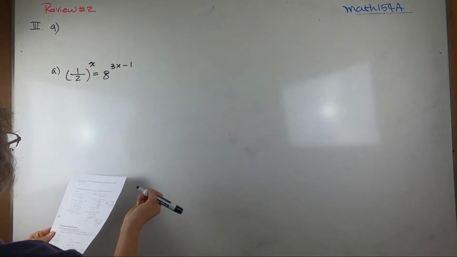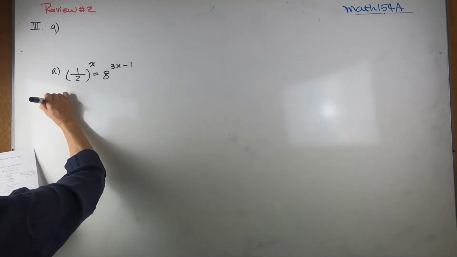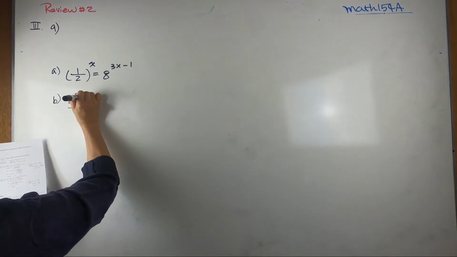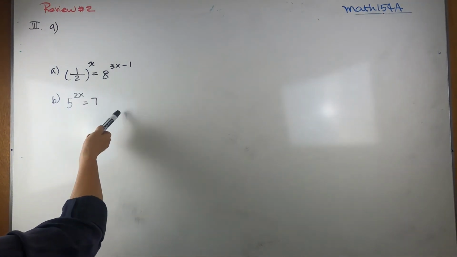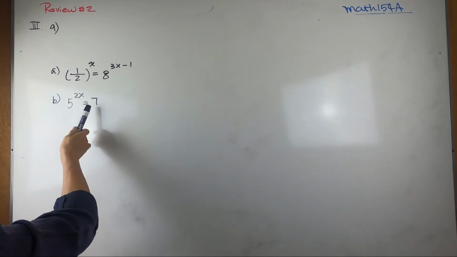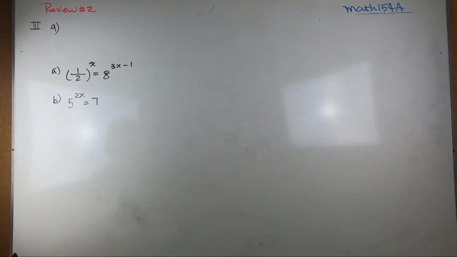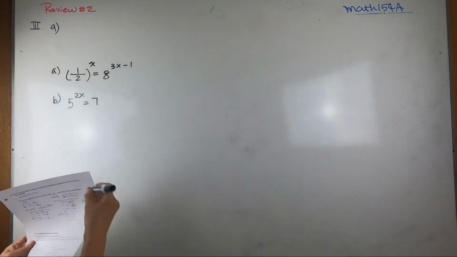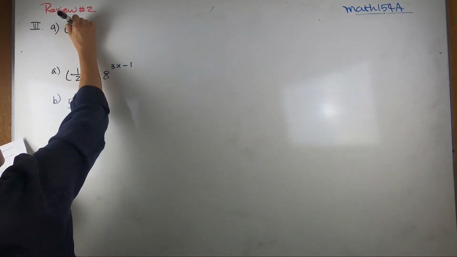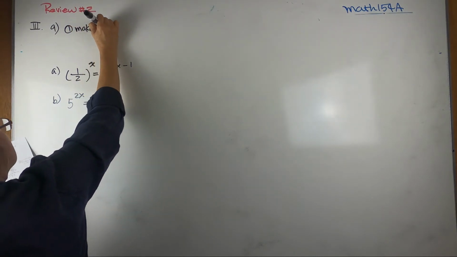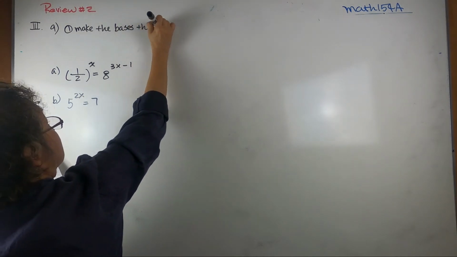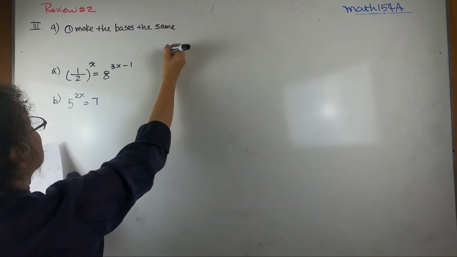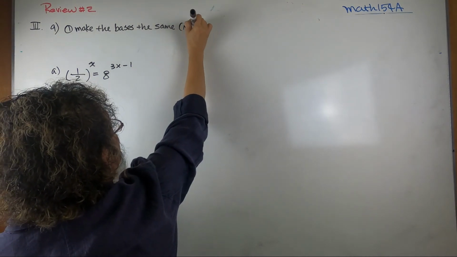Then another one will look like this, right? For the first one, you can see you can make the base the same, you can resolve it. This one you can't, then you have to use what? Use the log skills to do that, right? So the method is what? You will try to make the bases the same. Right? Not always possible.